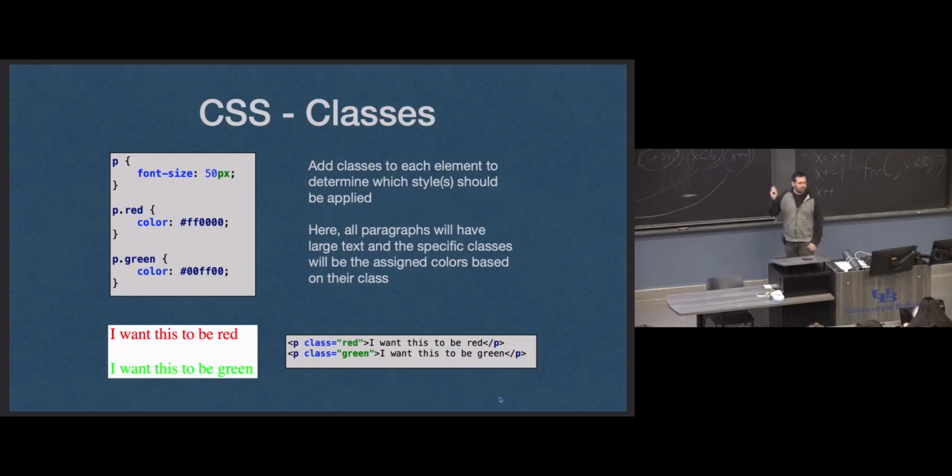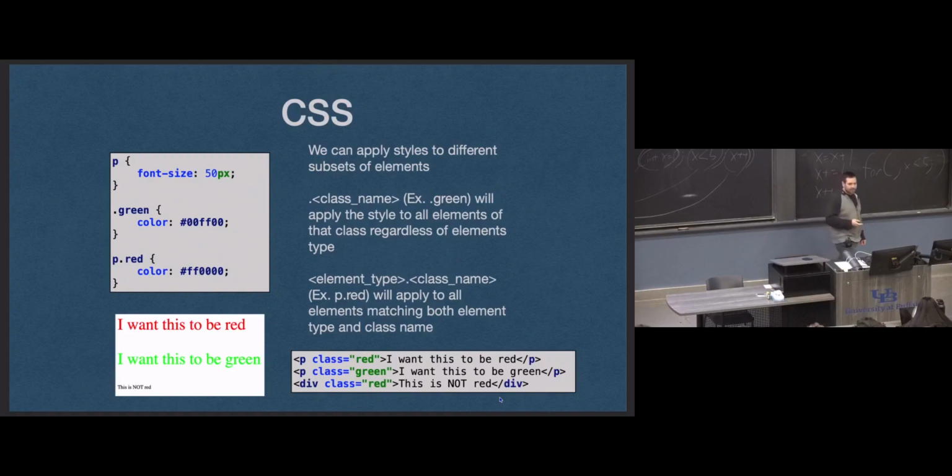This is still not super flexible, or rather maybe too flexible. What we tend to want to do is we don't want to just style our paragraphs. We want to style anything with a certain class.